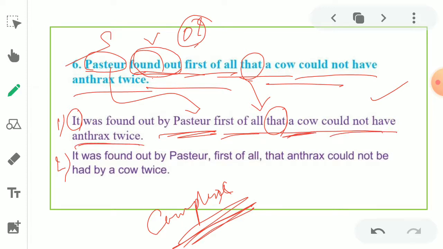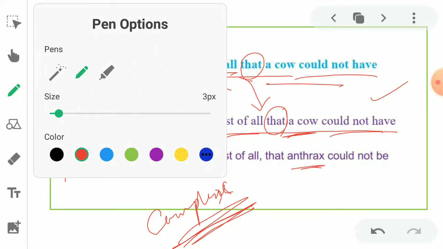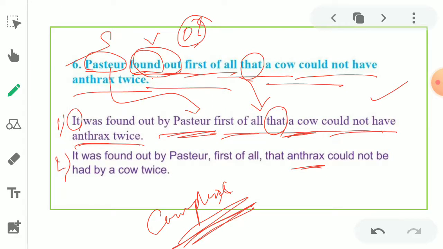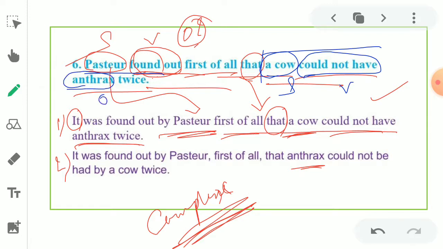But the problem is here, anthrax. What word is it? It's very simple. A cow could not have anthrax twice. Look at this part. What changes we noticed is a cow is the subject, could not have is the verb, then anthrax is the object.